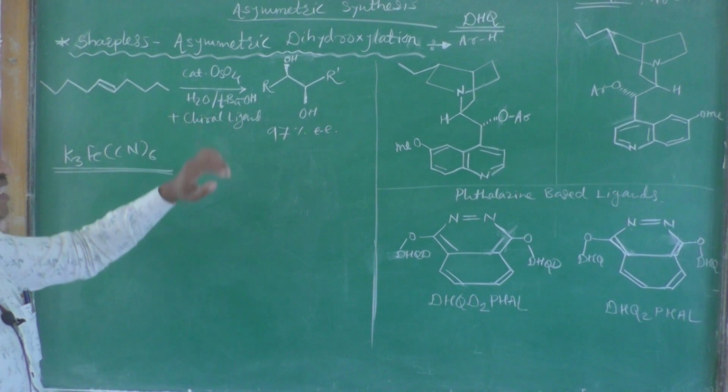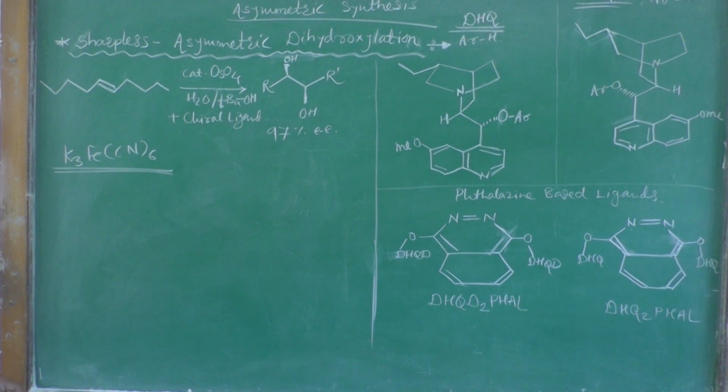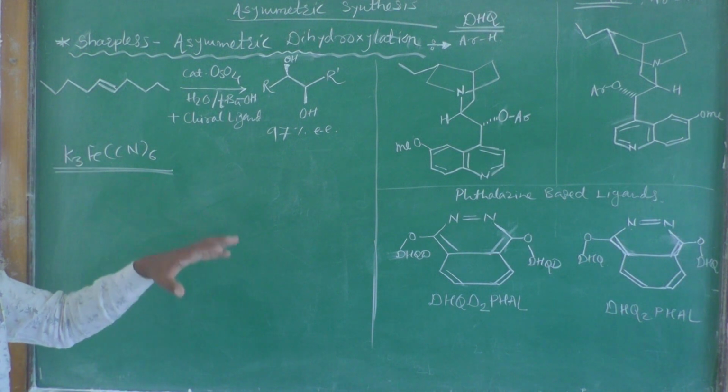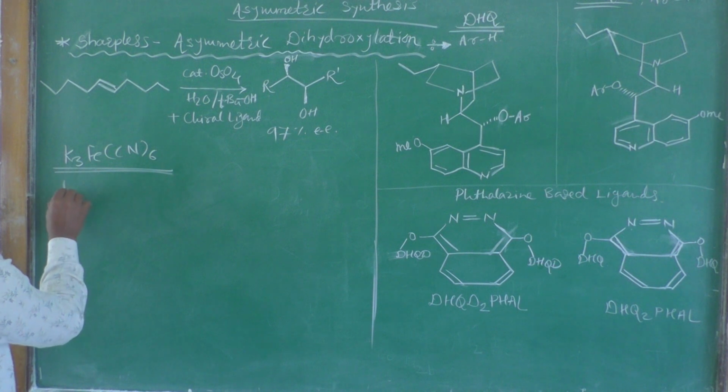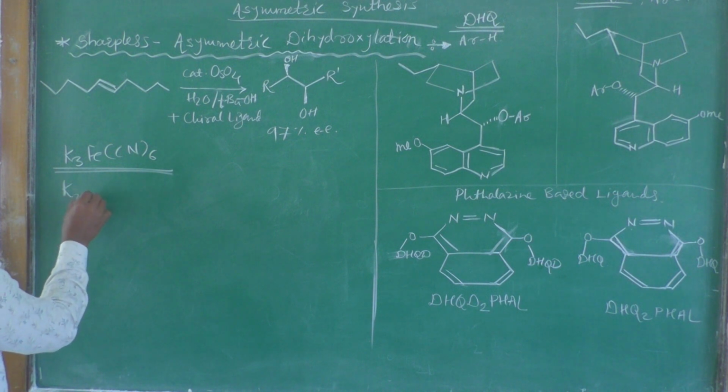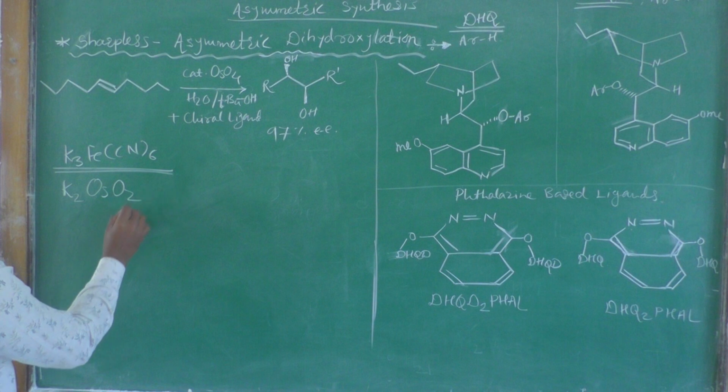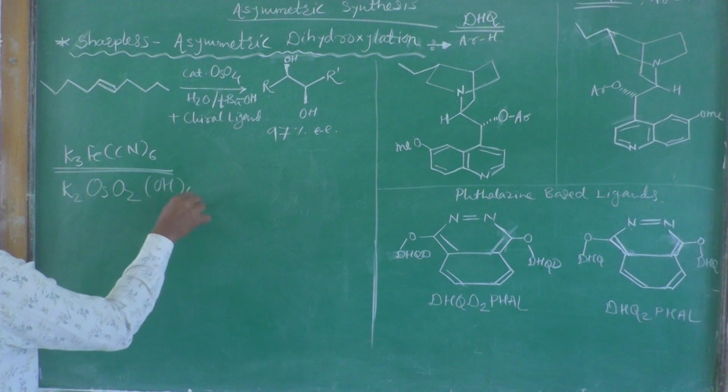Now, what about the chiral ligand? And what about the osmium tetroxide? Osmium tetroxide is generally not introduced directly into the reaction mixture. Instead, it is used as K2OsO2(OH)4.